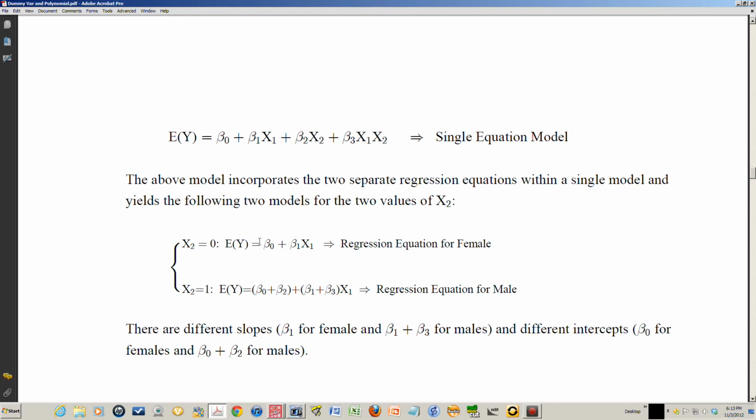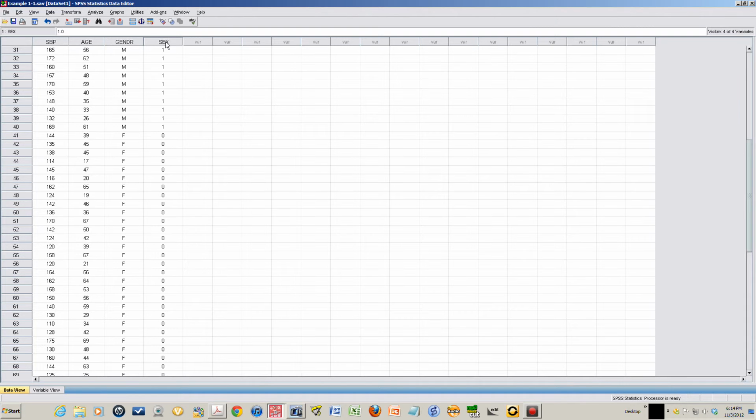And through this single equation model, we can separate the two lines. Let's do this empirically by the numbers. So go back to the SPSS data set. We have to generate another variable here, and we call this variable interaction between age and sex.